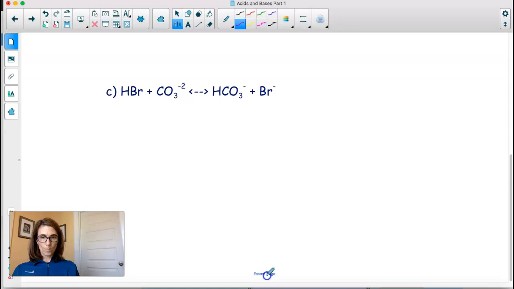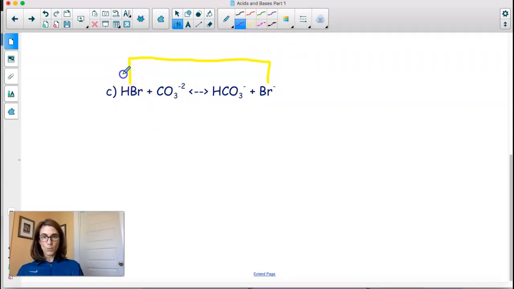Okay, so last example, we have HBr and CO3 minus 2. So which one of these has an H to give? It would be HBr. So we can go ahead and assume that that's our acid. And we're going to take a look at what happens to HBr going from reactant to product side. And it does, in fact, lose an H. So that means it donated it to the CO3 minus.